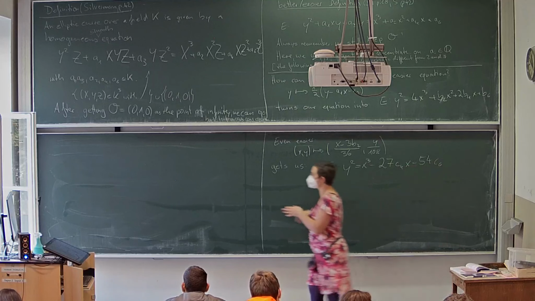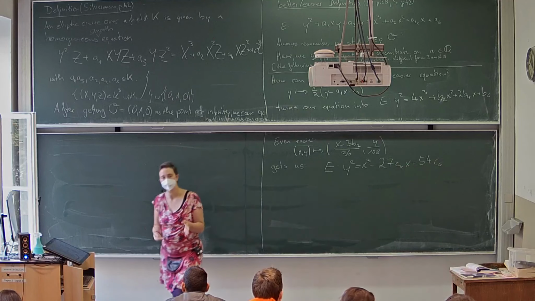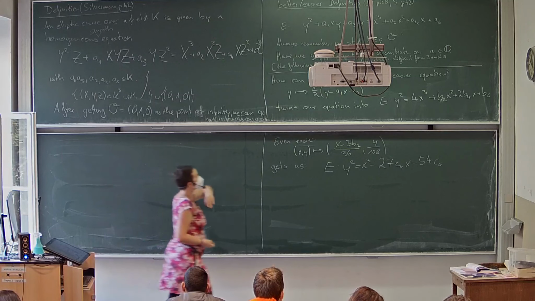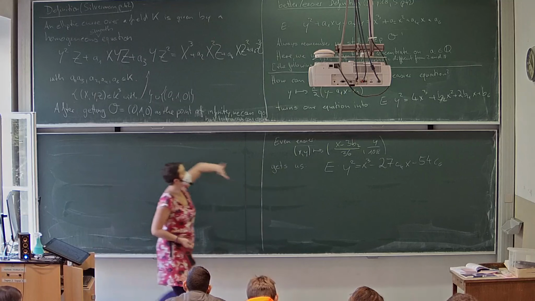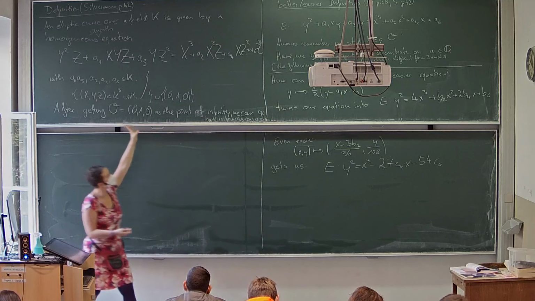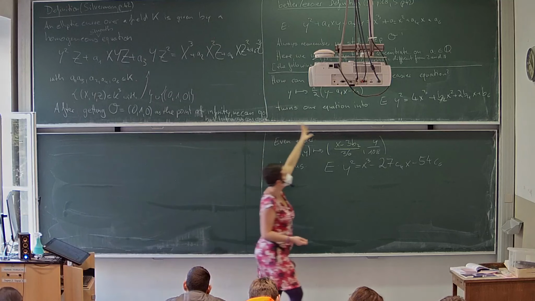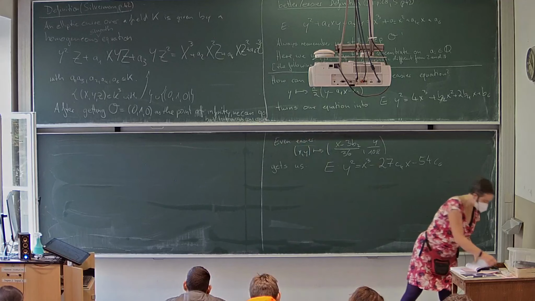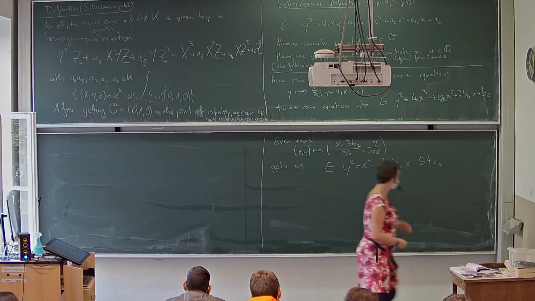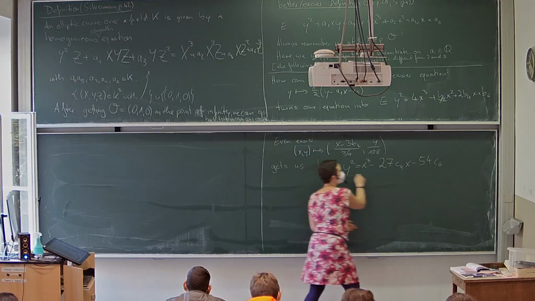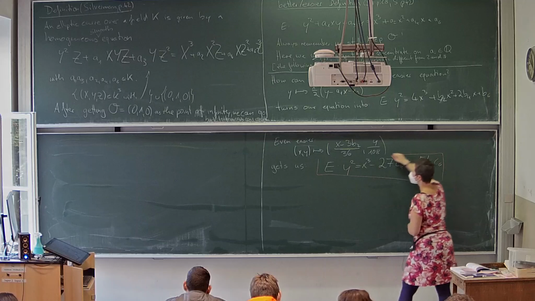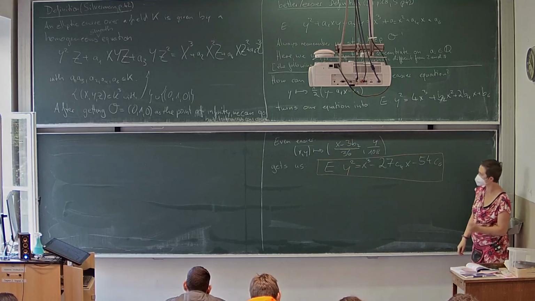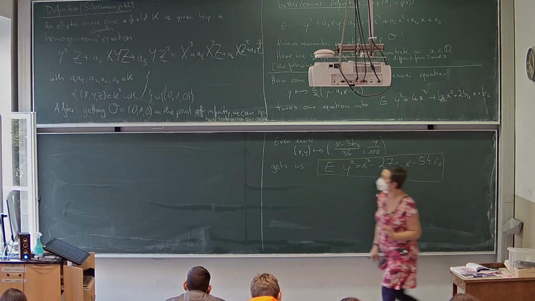But the thing that you have to take home is that if you're allowed to divide by 2 and 3, then you can come from the very complicated homogeneous equation to the inhomogeneous equation, then to this equation, and then to this. And basically an elliptic curve for us will be a curve of this form, plus the point at infinity.